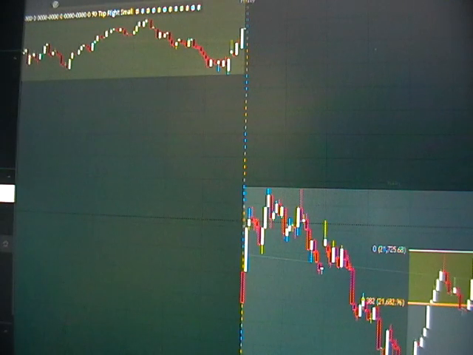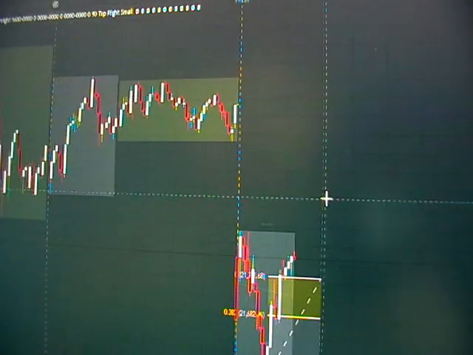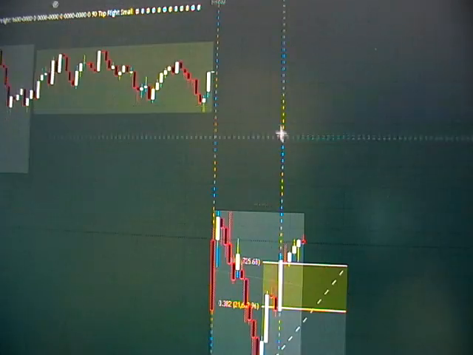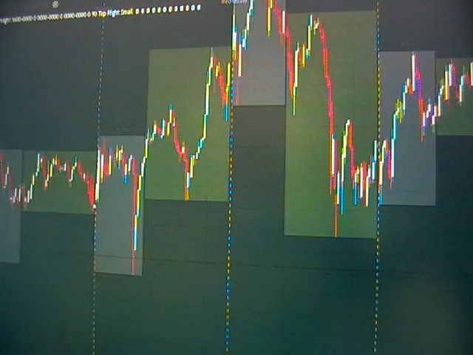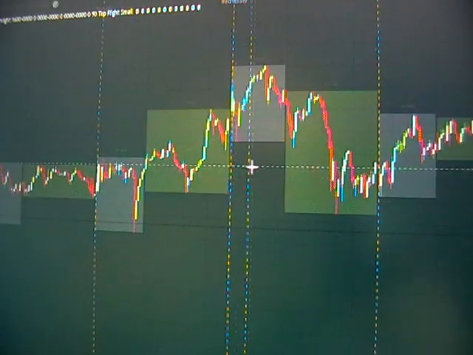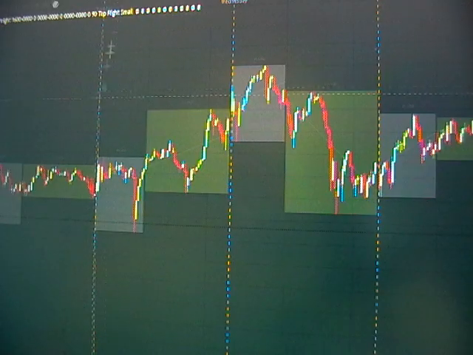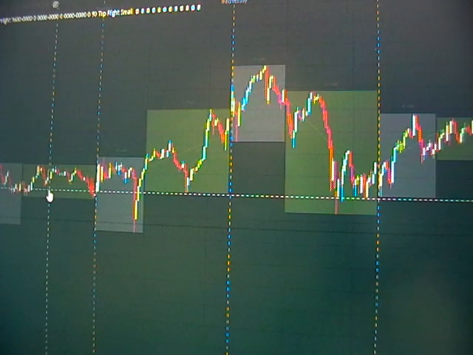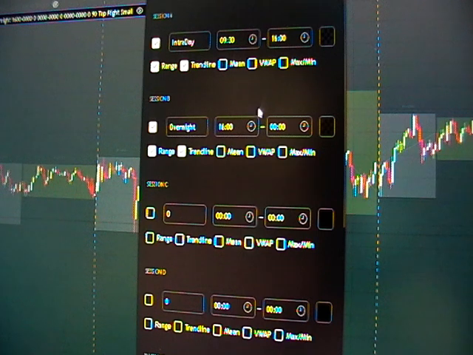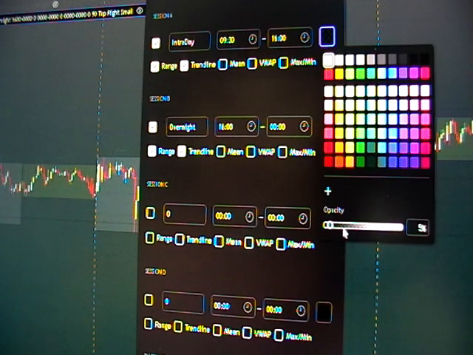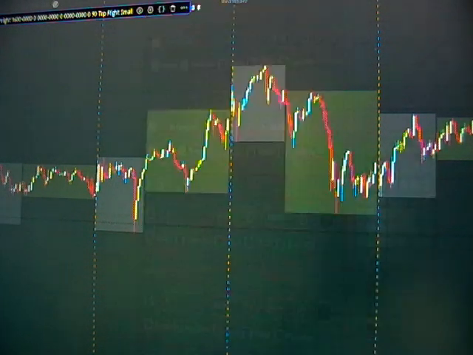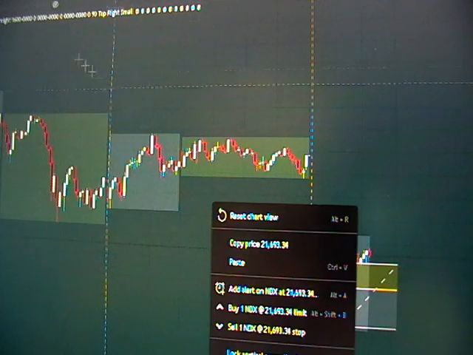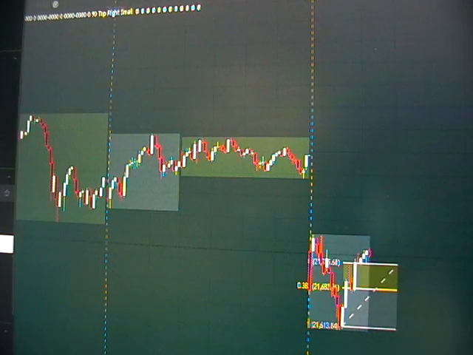Let's look at like the 5-minute chart. I'm not sure what I'm looking at here, to be honest. Let's put this on to like the 1 minute time frame.